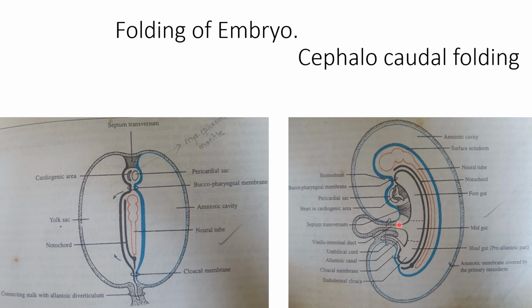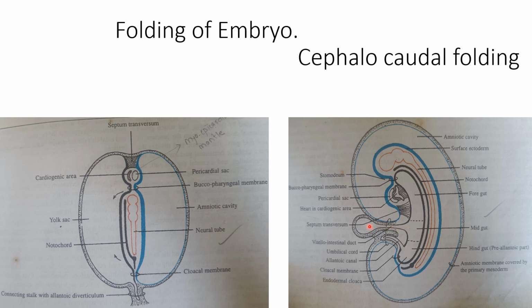Both the parts, intraembryonic and extraembryonic, are connected with each other by the vitelline duct. This vitelline duct normally obliterates, but if it does not obliterate and there is communication of the primitive gut with the umbilical vesicle, then the condition is known as Meckel's diverticulum.